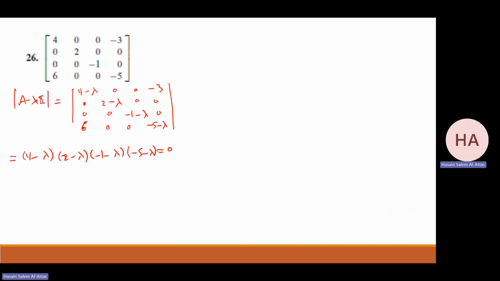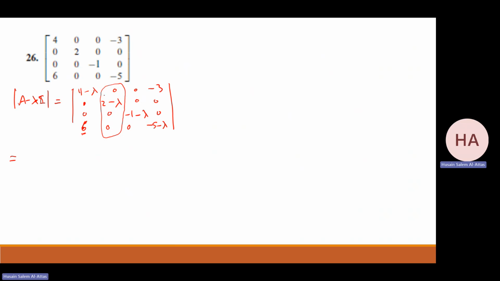Wait a minute, but it's not correct. I need to choose the second column, I think this is better, not the first column. Or the first or second row, since I have numbers here. I cannot do it this way.